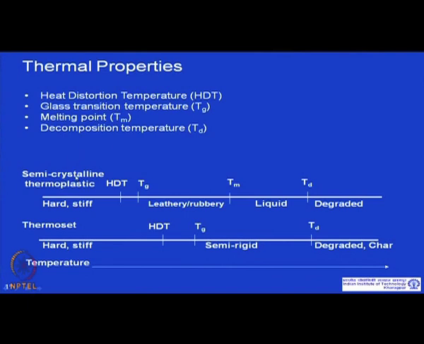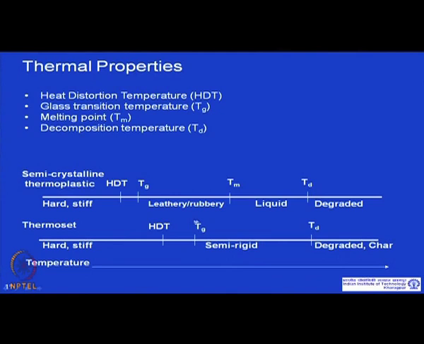Generally, in case of semi-crystalline thermoplastic material, first you have the heat distortion temperature, the softening temperature, then you have the glass transition temperature, then you have the melting point or melting temperature, and then the degradation temperature or decomposition temperature.